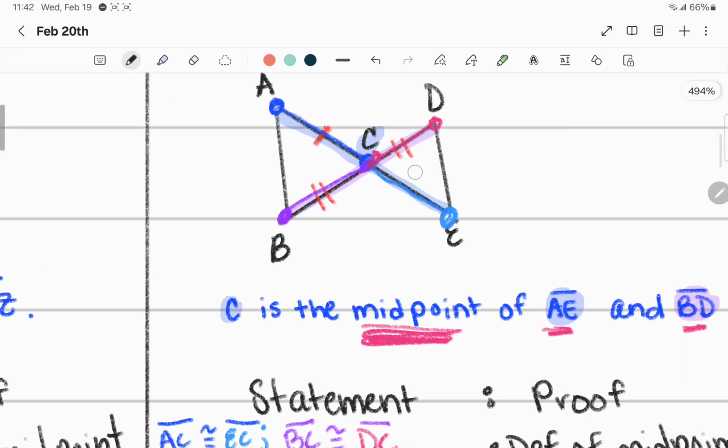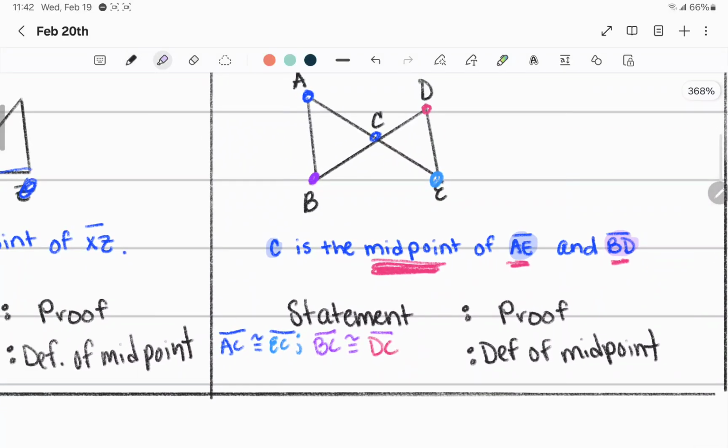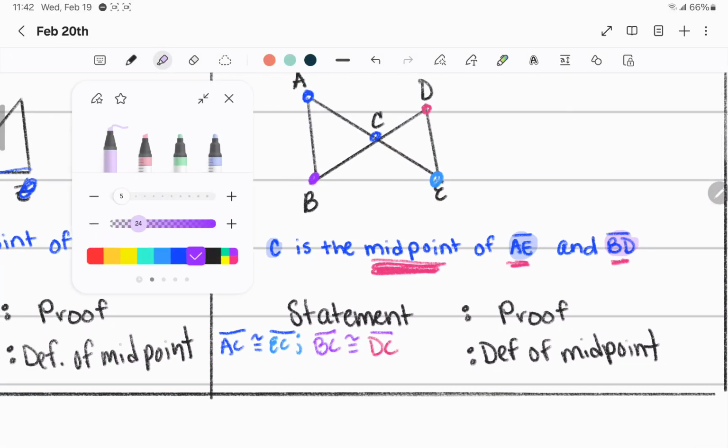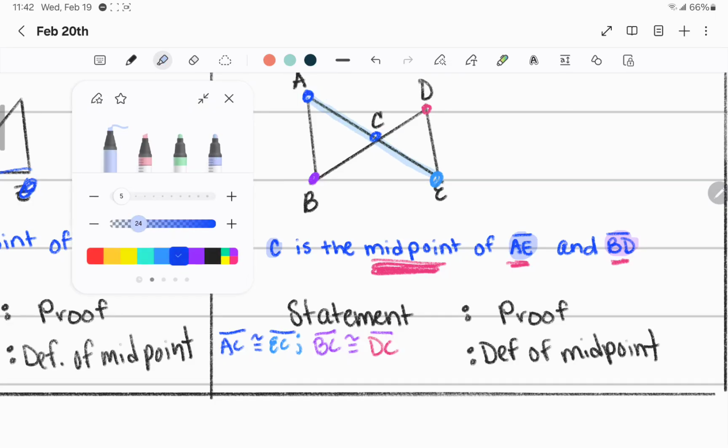I'll do this one again just so that we can understand it, hopefully. So the statement says C is the midpoint of AE, corner to corner.